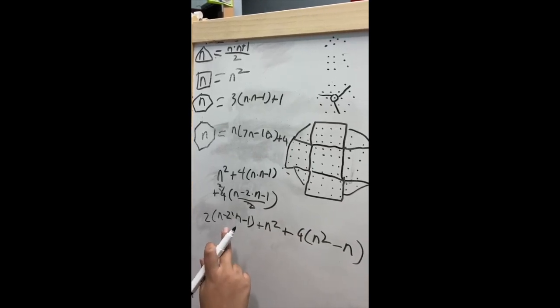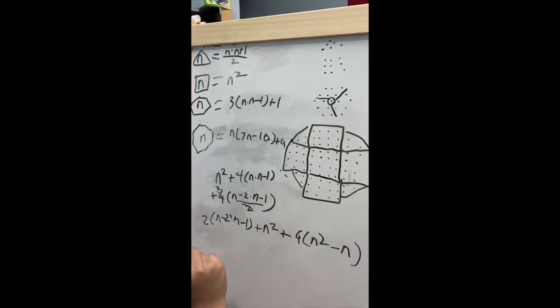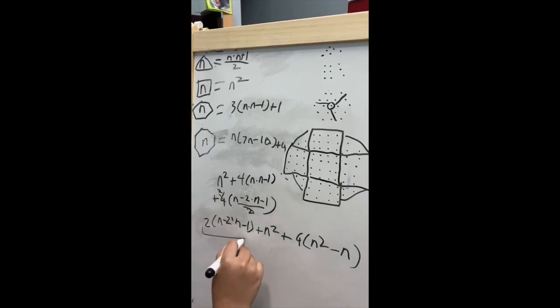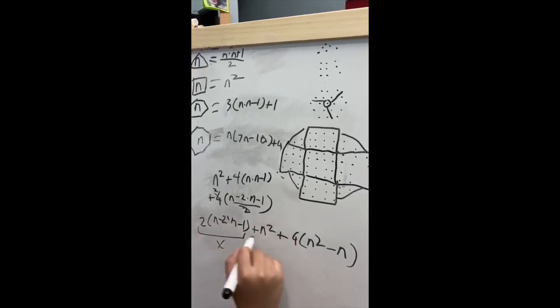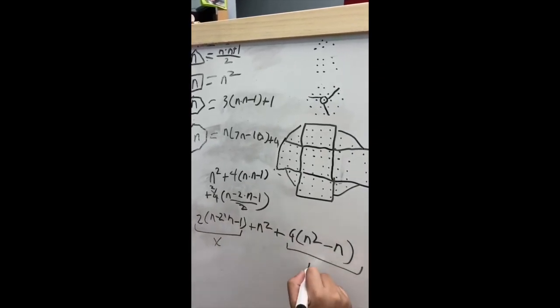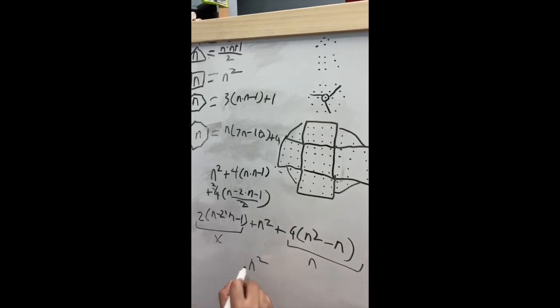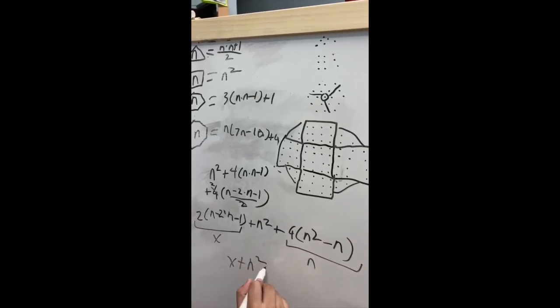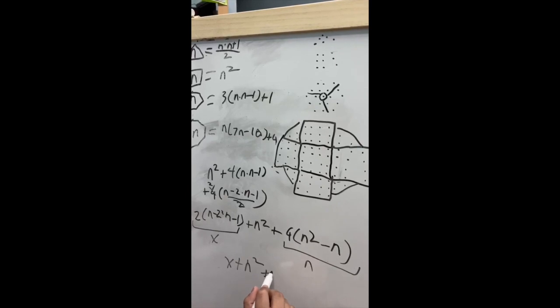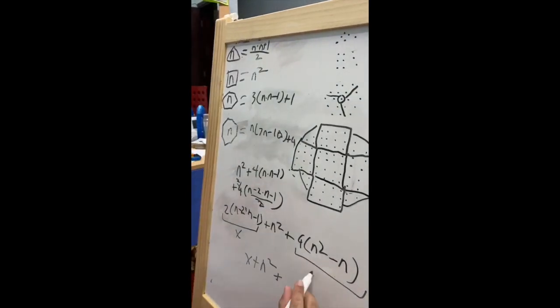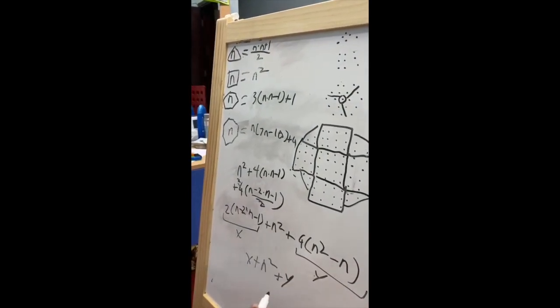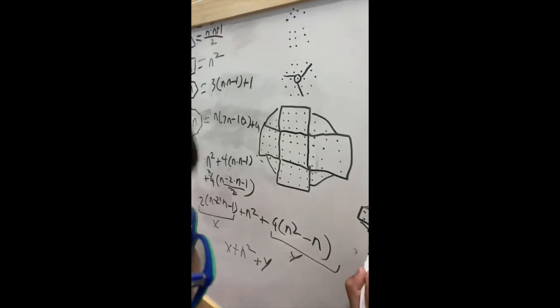Then 2 times n minus 2. Wait, so let's split these up. So I'll make this one x, and I'll make this one n. And then we have n squared in the middle. So we have x plus n squared plus, wait, no, I'll make it y plus 1. So now let's figure out x first.